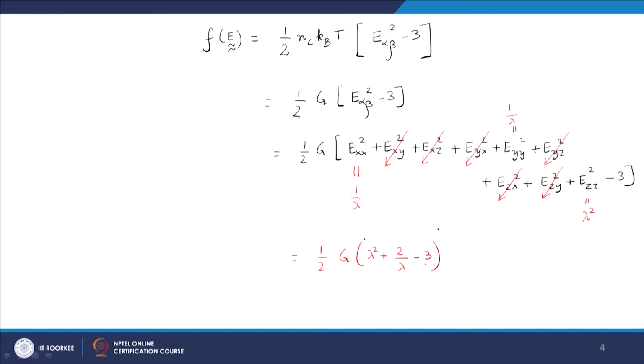Okay. So, now if I want to find the force that is acting on the surface that is perpendicular to the xy plane, that is the surface I will highlight here.